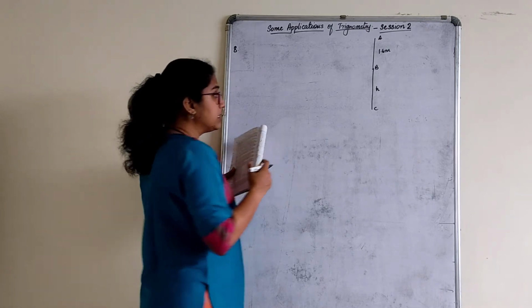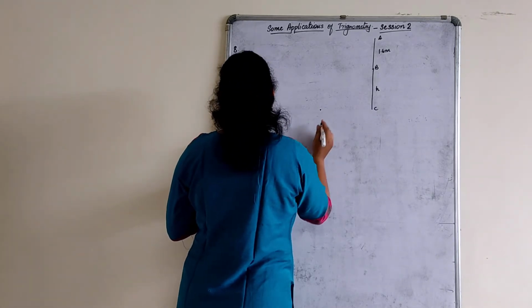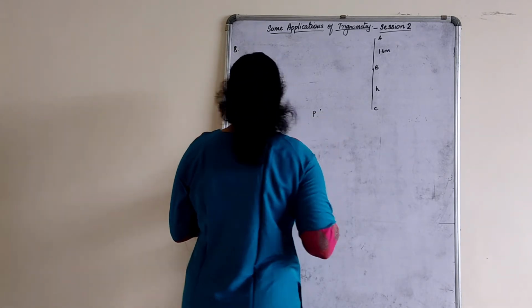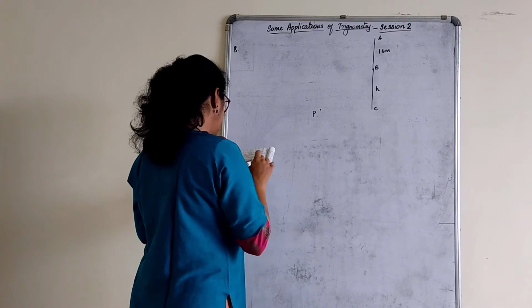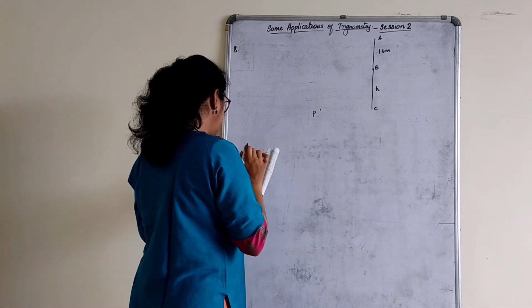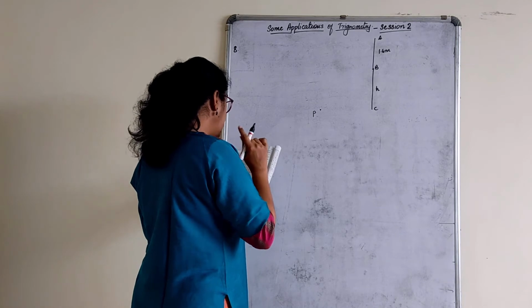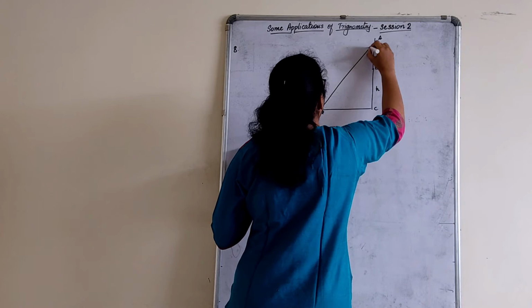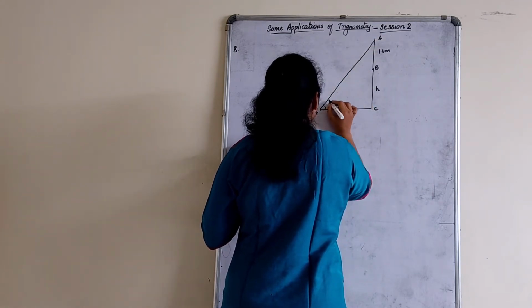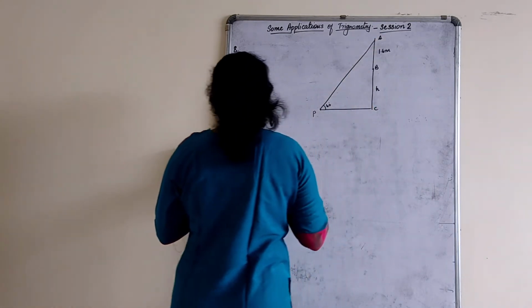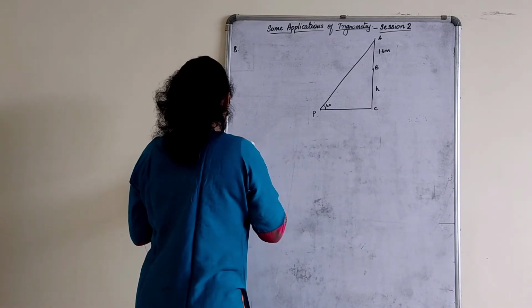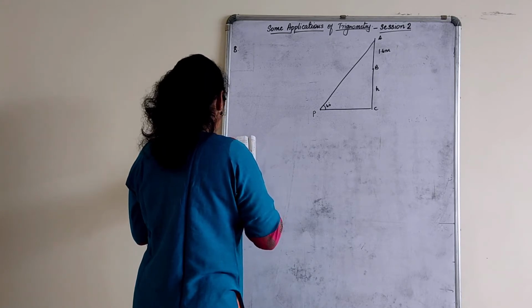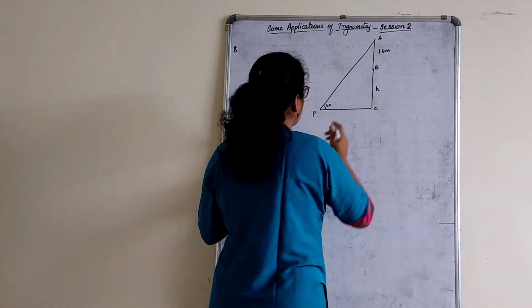From a point on the ground, let me consider this is a point on the ground, the angle of elevation of the top of the statue is 60 degree. And from the same point, the angle of elevation of the top of the pedestal is 45 degree.